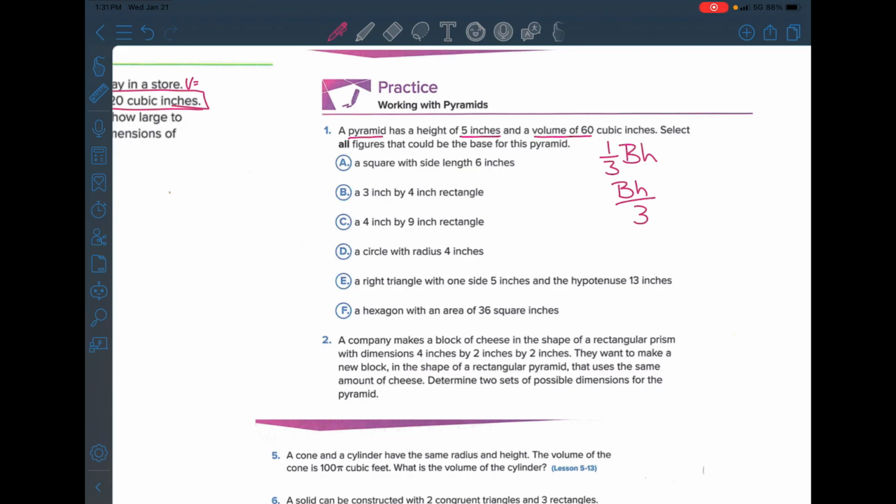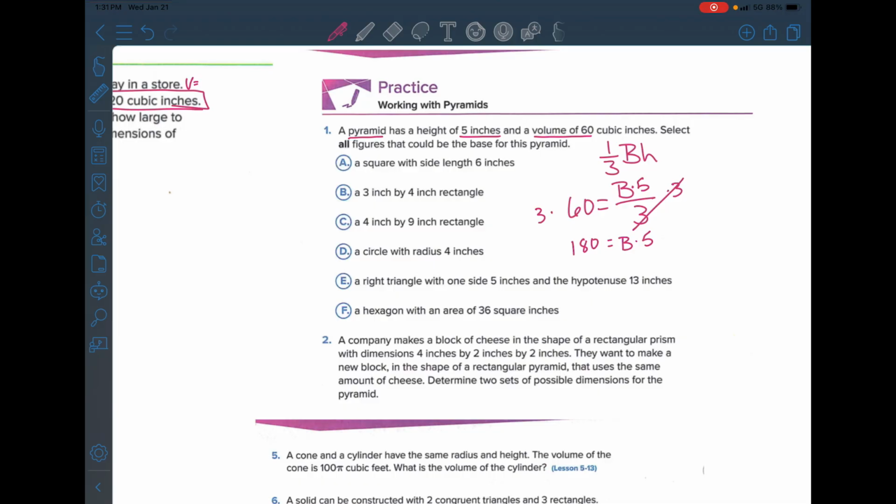So we know the volume is 60, and we know what our height is. Our height is 5. So we are going to solve for capital B. So we take 3 and we multiply, so that cancels out. That gives us 180.